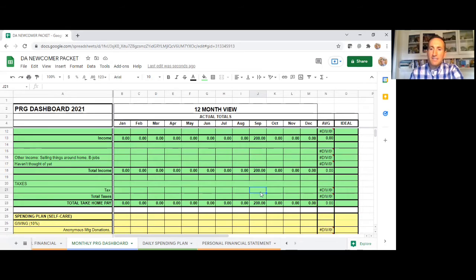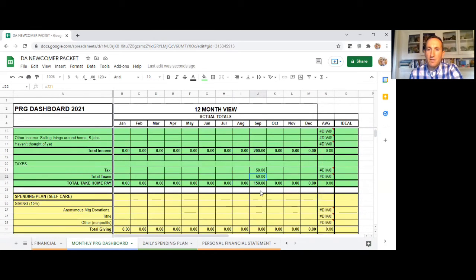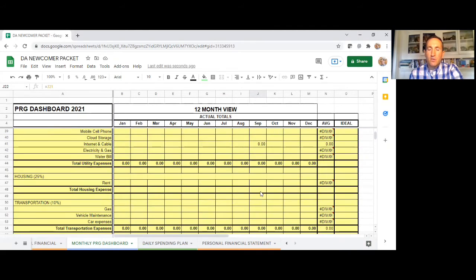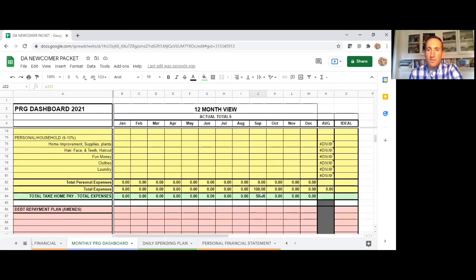We're going to take out taxes of, let's just say, $50. That means our take-home pay is $150, okay? 200 minus 50 equals 150. That's our total take-home pay. If we spend $100 on food, then our total take-home pay minus total expenses equals $50.